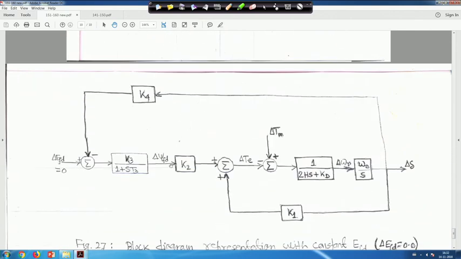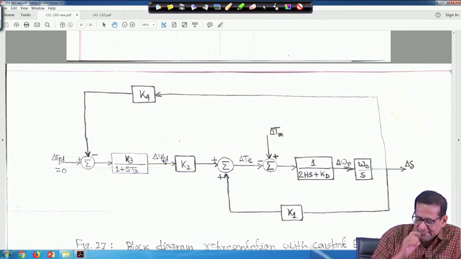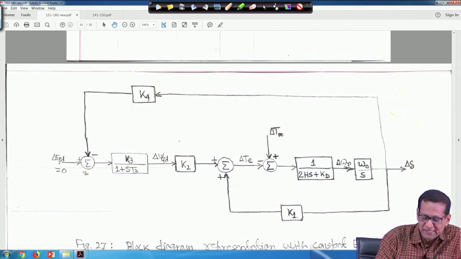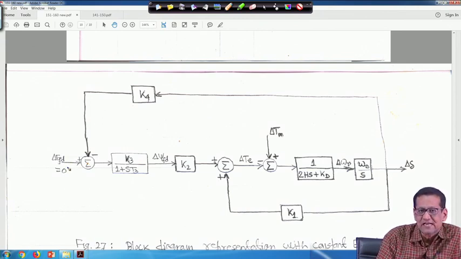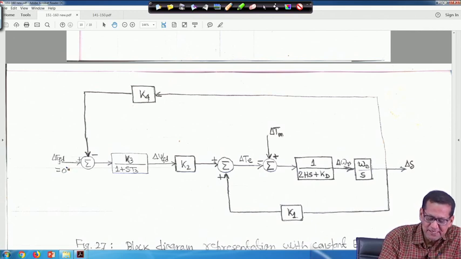Now, here if you see that delta psi fd is equal to, just now we have given, k3 upon 1 plus S T3 into delta Efd minus k4 delta delta. Here the field voltage Efd is constant, then delta Efd will be 0.